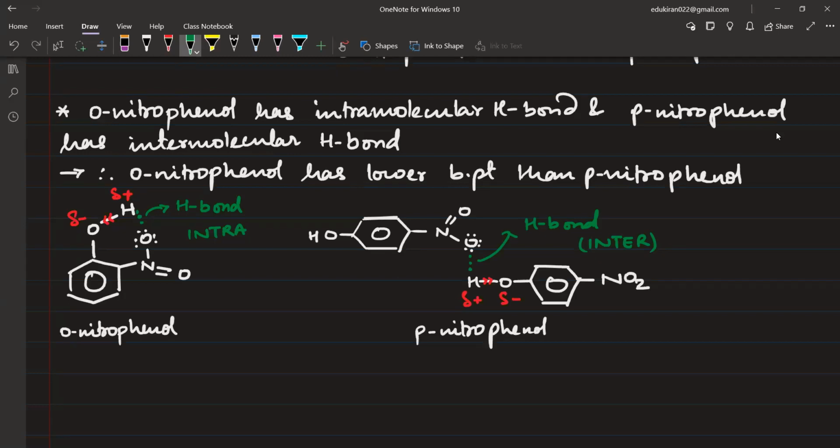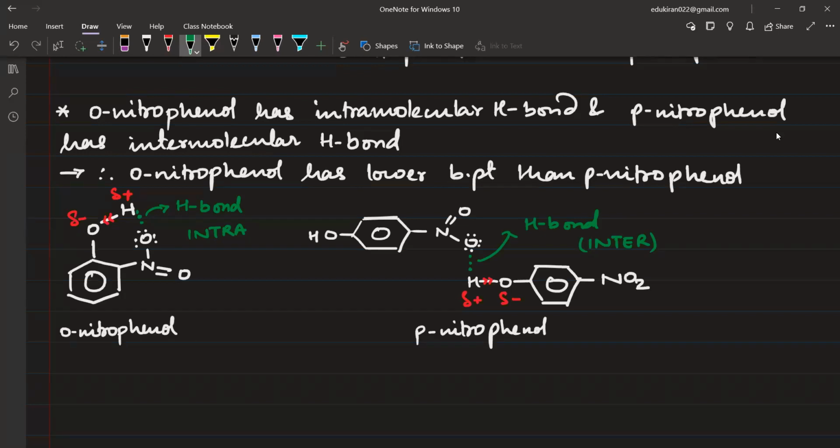Now, what is the use of knowing that this has lower boiling point and that has higher boiling point? The use is that if there is a difference in boiling point between two compounds, please listen to me very carefully, those two compounds can be separated by distillation, steam distillation. Okay.